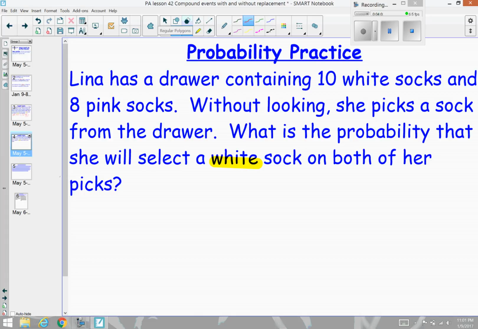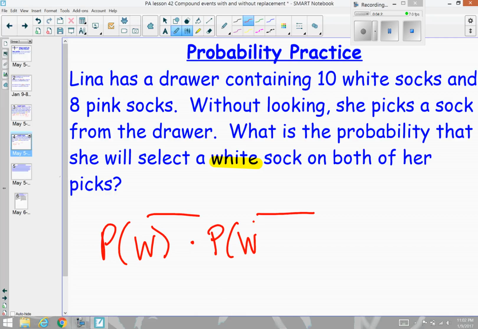In this situation, she's going to pick 2 socks. So we're going to have 2 choices, and we're looking for the probability of getting a white on the first one times the probability of getting a white on her second draw.